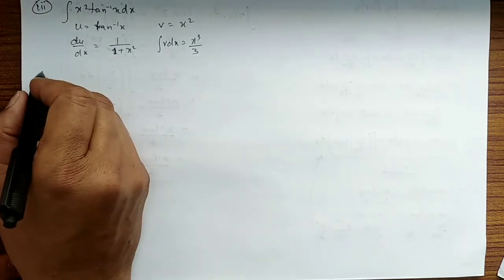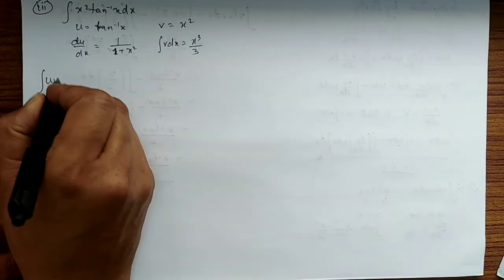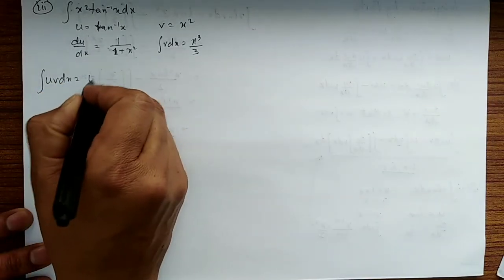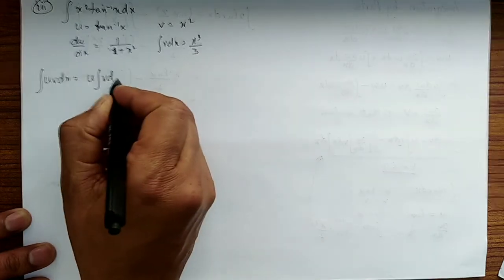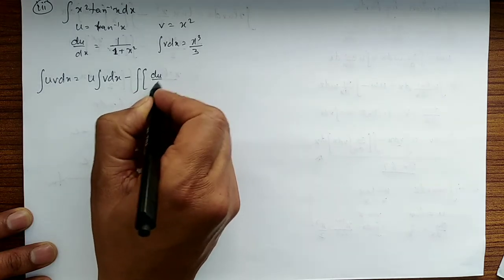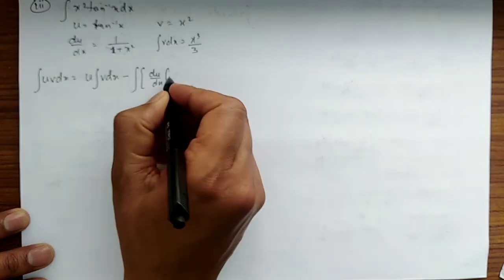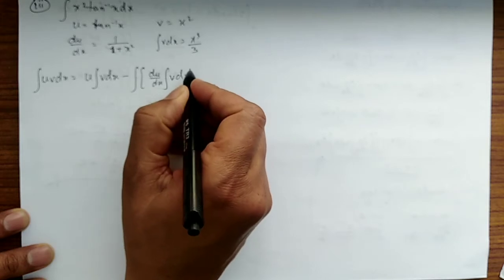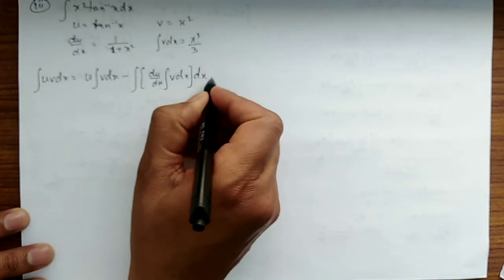So now using the formula by parts, u into v dx is u into the integral of v minus the integral of du upon dx times the integral of v dx, whole integral.